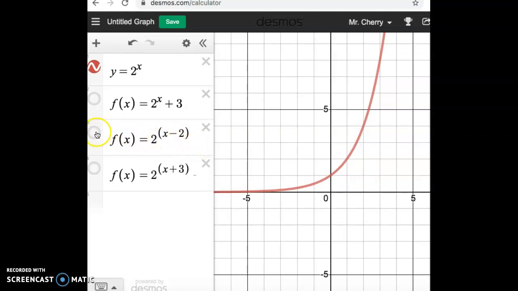Let's see what happens here. And if you notice, this green one is now 2 places to the right of the red one. The reason that happened is because in the equation, we took away 2 from our exponent. That's all that we did, and that causes that shift to the right of 2 units.